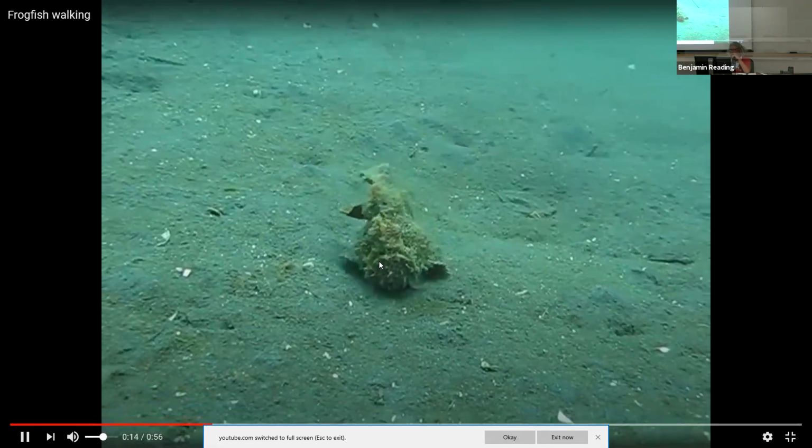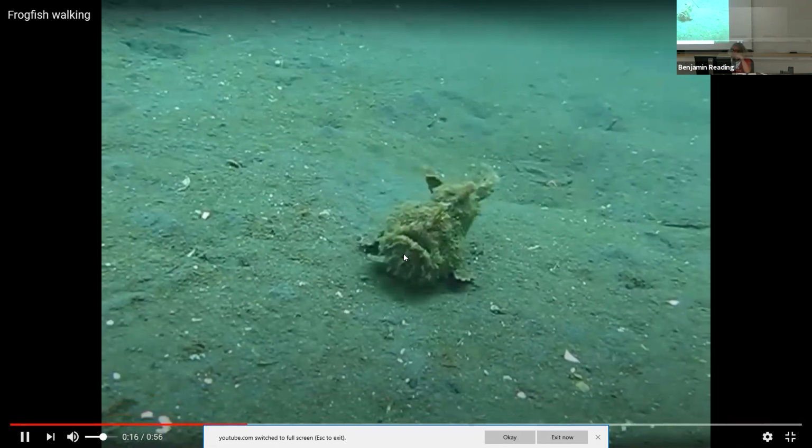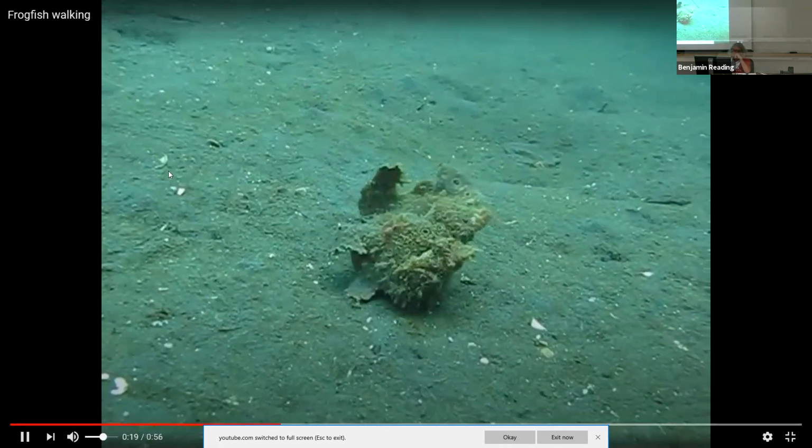And again, you can see how big the mouth is. It's got a very large mouth for the size of the body.